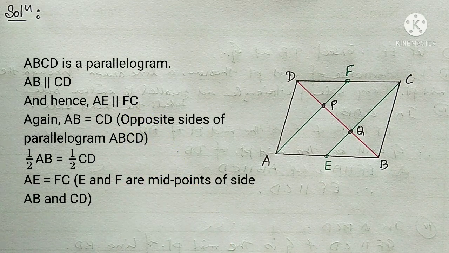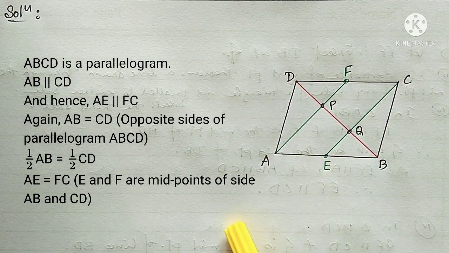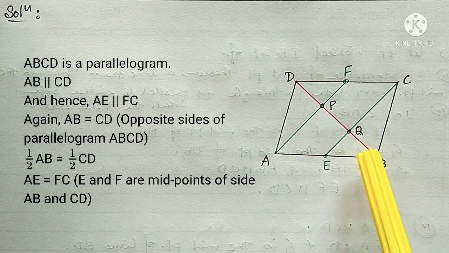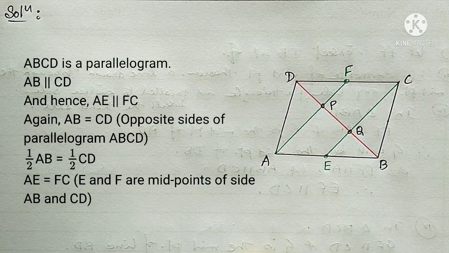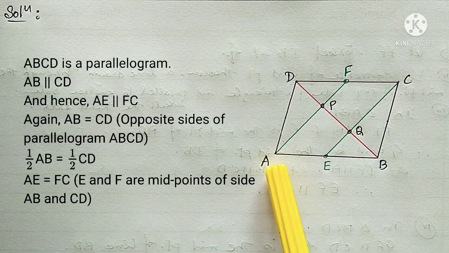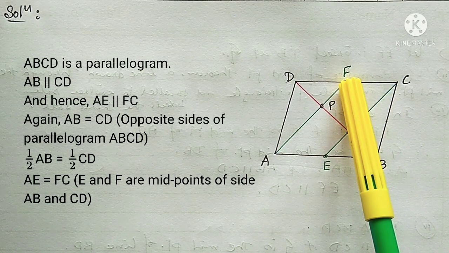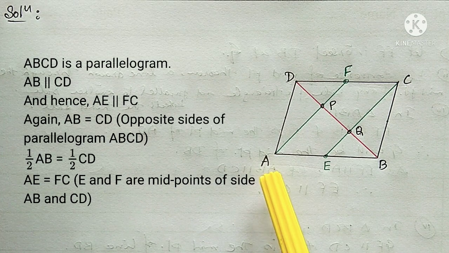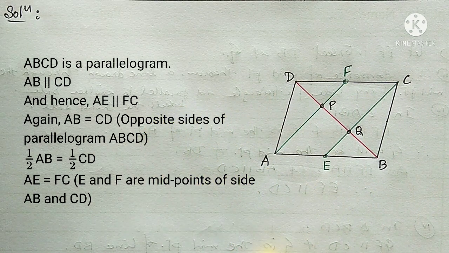So first of all we write AB parallel to CD, or whatever we write, DC, same thing. So from here we can say AE is also parallel to FC, because these two are on the same line, isn't it? So that's why we write AE parallel to FC.